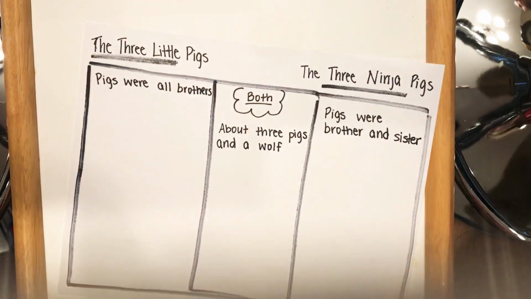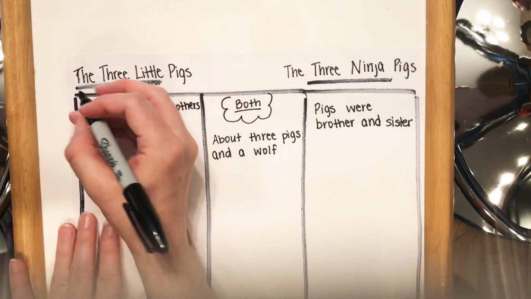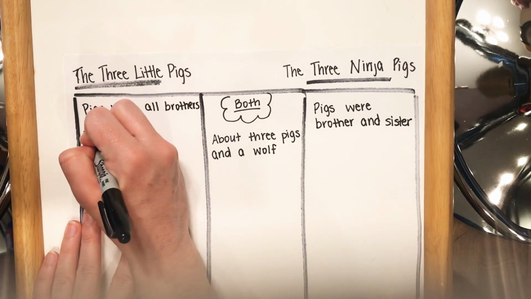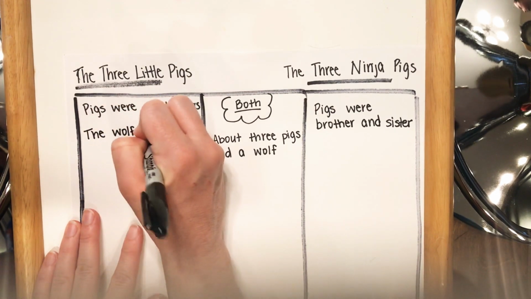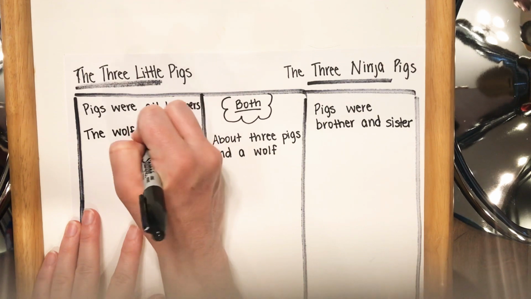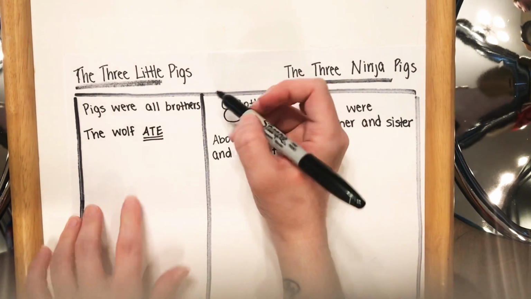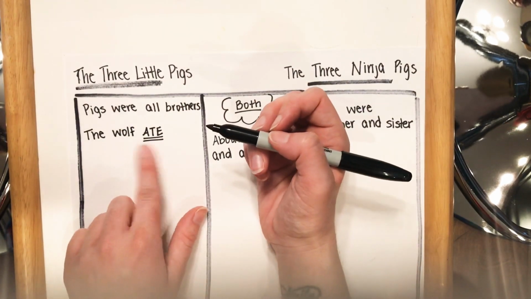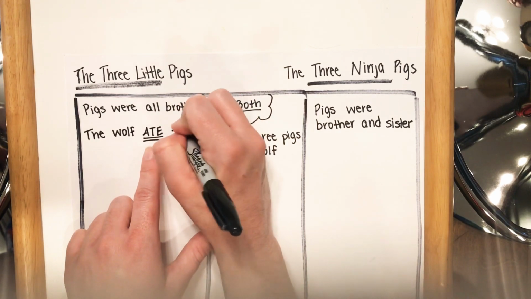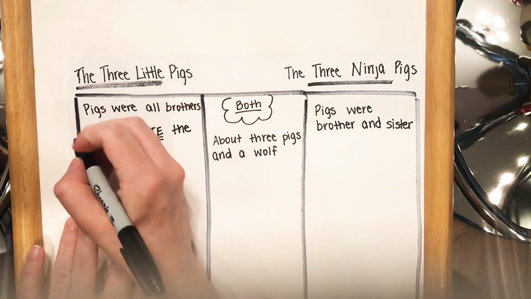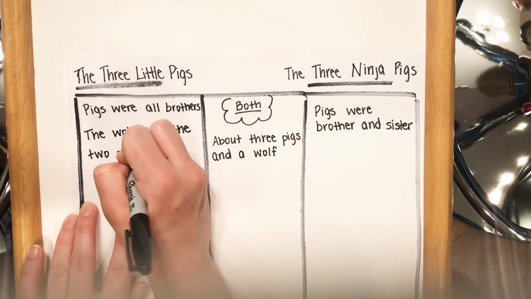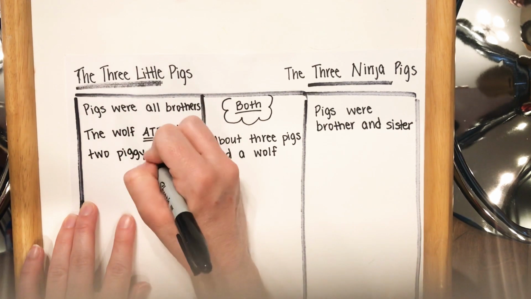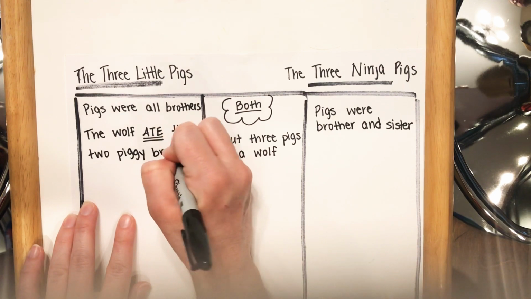So in the Three Little Pigs, I can say the wolf ate, not like the number 8, but ate the 2 piggy brothers.